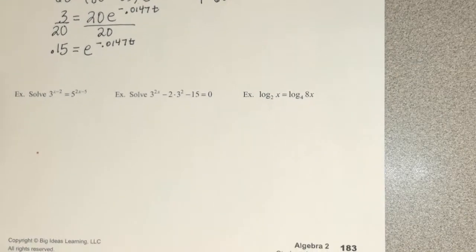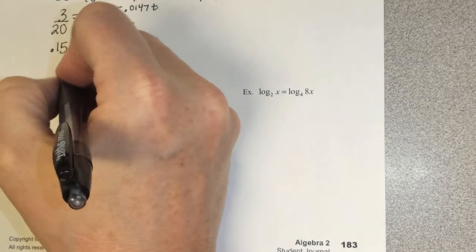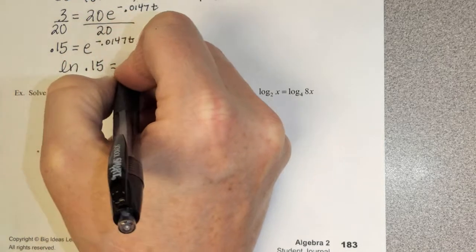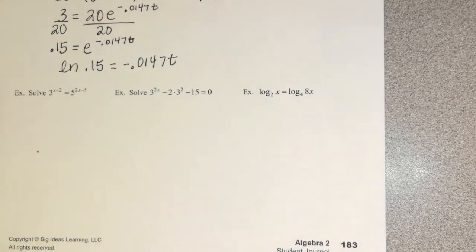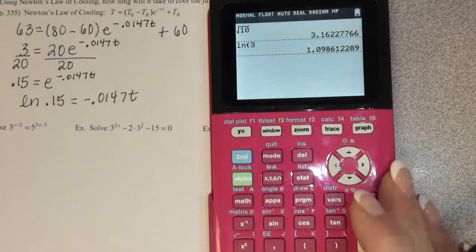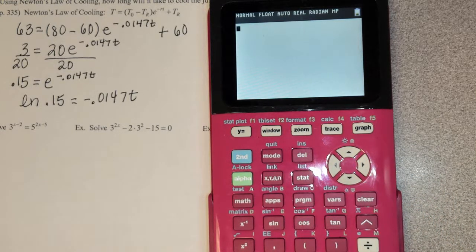All right, so now think about how you rewrite that to solve it. Karen? It would be natural log 3/20 equals negative 0.0147t. That's good. Okay, and so now to finish it, this wouldn't make sense to write as an exact answer because you'd never say, hey, the answer is natural log of 0.15.